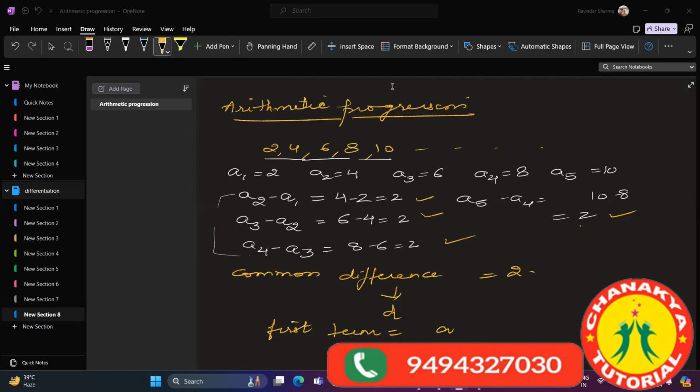So children, arithmetic progression is basically a sequence in which the common difference between the two preceding terms remains constant, or you can say remains the same throughout the sequence. Understood this thing, children?